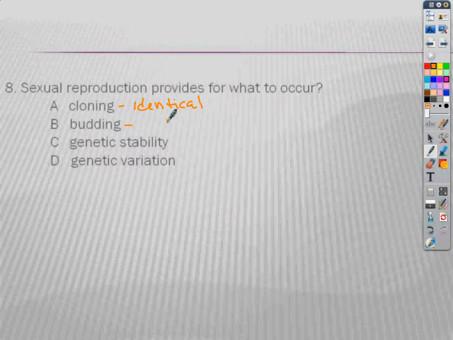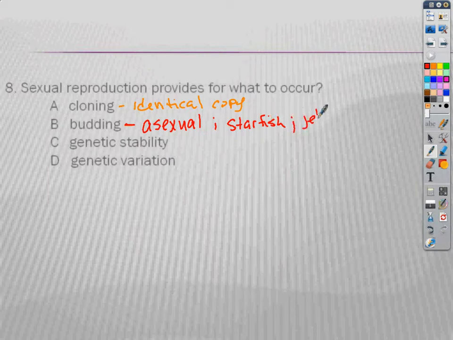Budding, that's asexual. That's like starfish. They can sort of pinch off part of their body. If you cut a starfish in half a certain way, it can grow back. Also, jellyfish, they have that Medusa stage they go through in the polyp stage.